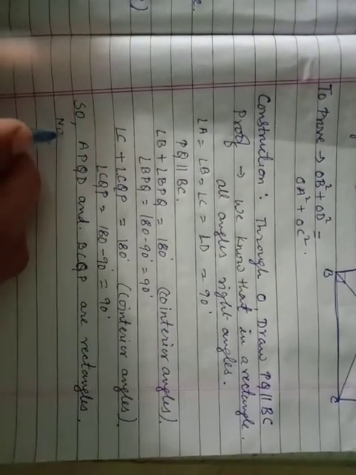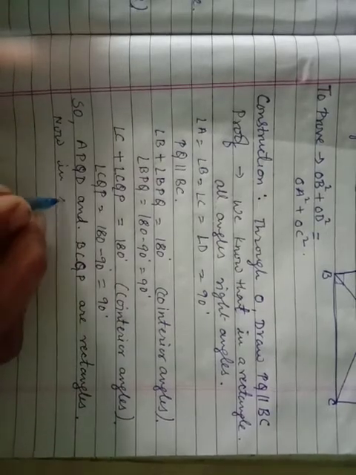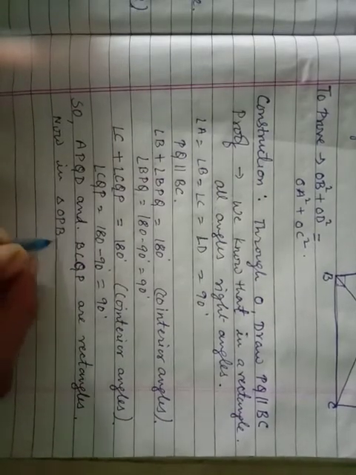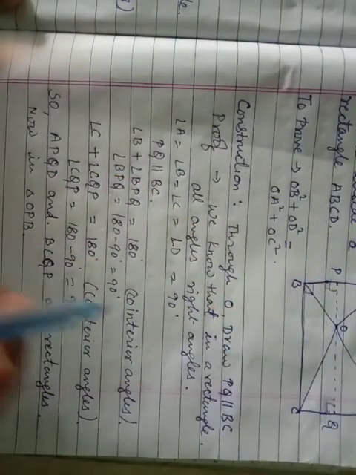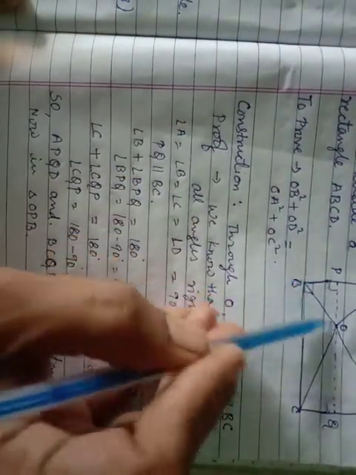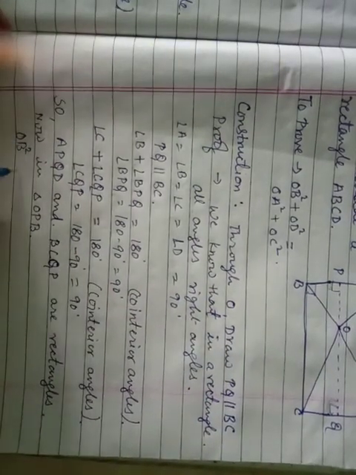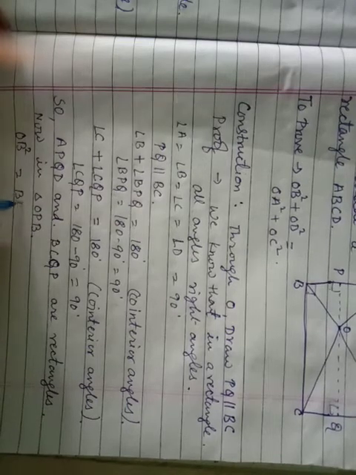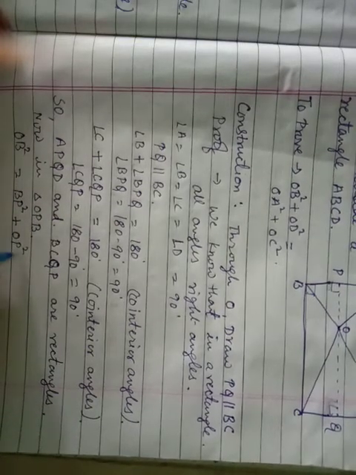Now in triangle OPB, see, this is triangle OPB. If this is 90 degrees, this is the hypotenuse. So OB square is equal to BP square plus OP square.